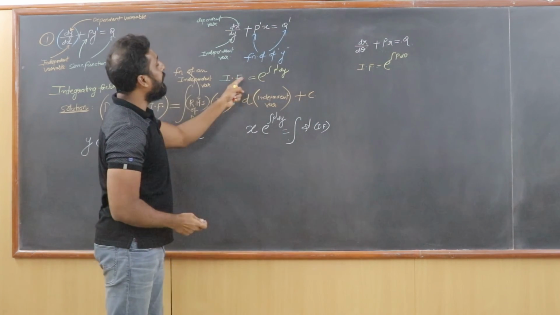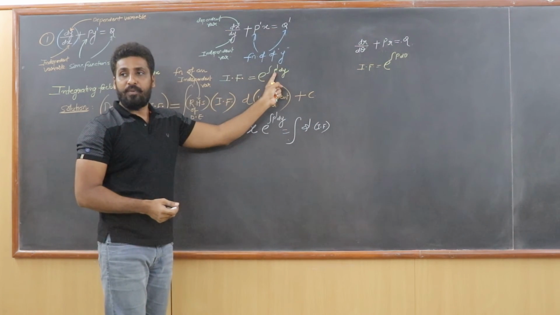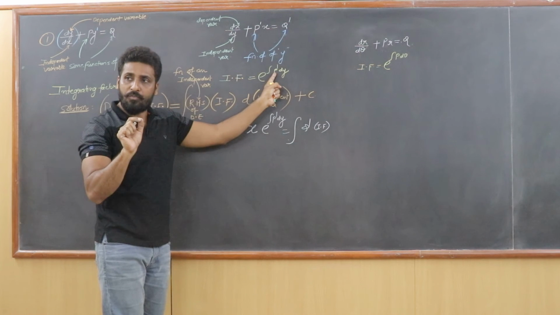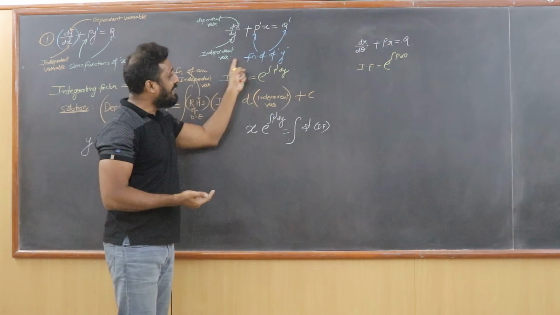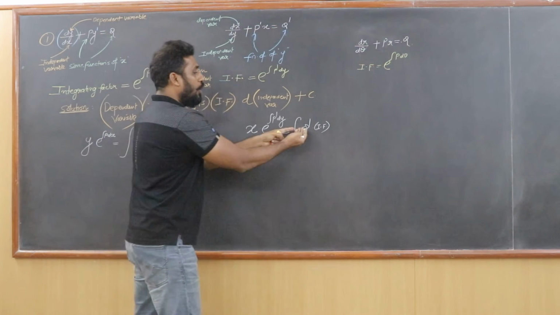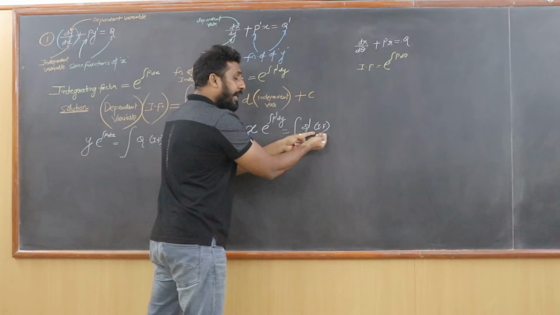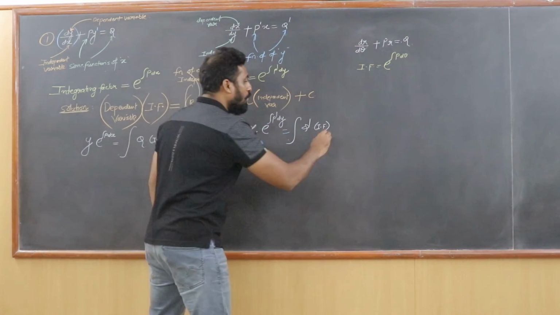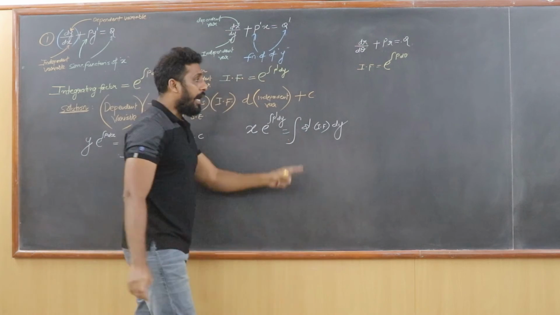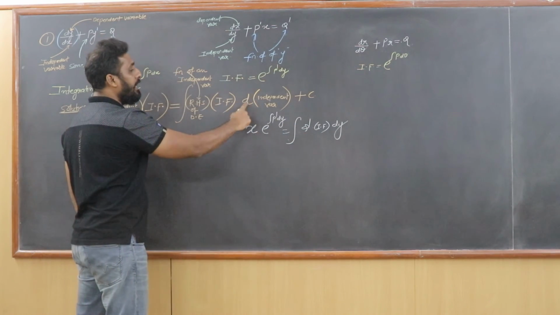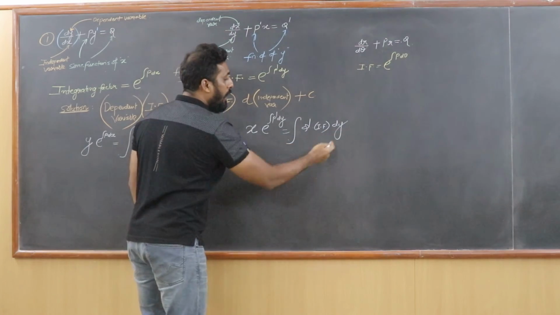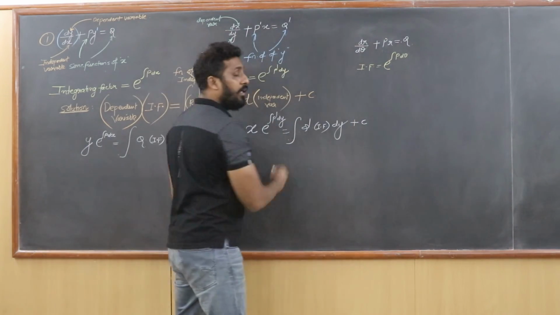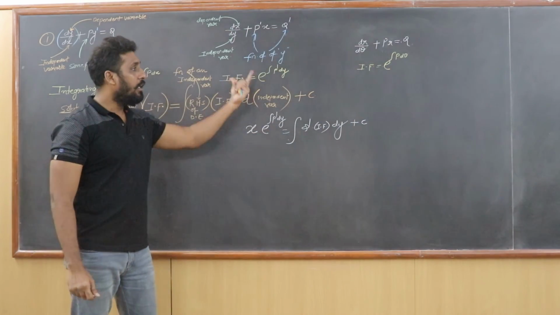Obviously we can observe integrating factor e raised to integration of p dash dy. P dash was a function of y, integration of p dash dy also function of y. That means integrating factor is also a function of y, q dash is a function of y, integrating factor is also a function of y. So I should be writing dy, and if you remember, look at the formula, it is written d independent variable. Independent variable was y, hence dy, and obviously plus c will be coming. That's how I write the solution for the second type.